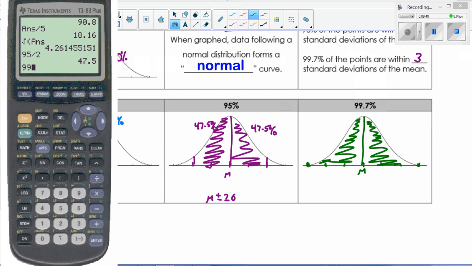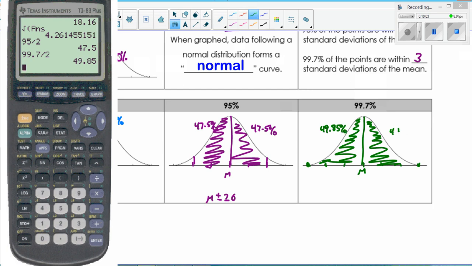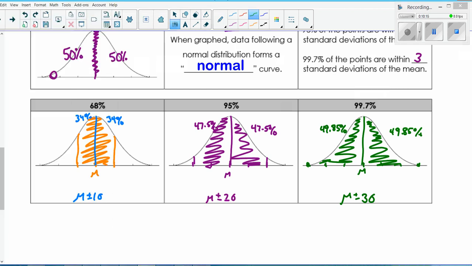So if I take 99.7 divided by 2, 49.85% of my data falls here, and then the other 49.85% falls here. Okay, so half above, half below. So this would be my mean plus or minus 3 standard deviations. You can see, hopefully, that as we go out more standard deviations, we're getting further from the mean, which is why we're collecting a bigger percent of our data.